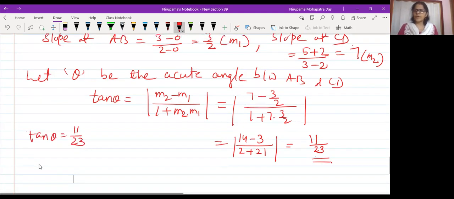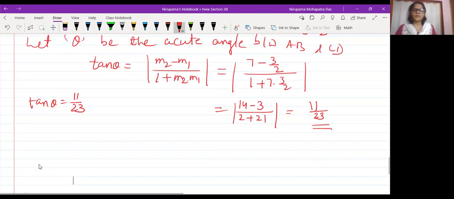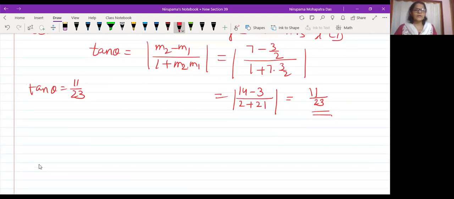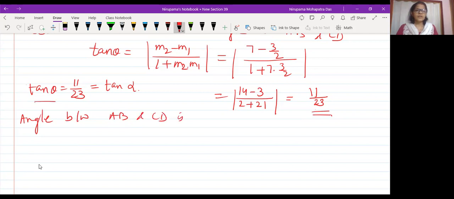If it is root 3, 1 or 1 by root 3, you could have written this. So here you can write tan theta equal to 11 by 23. So it means let it be tan alpha. So here the angle between AB and CD is tan theta equal to tan alpha.